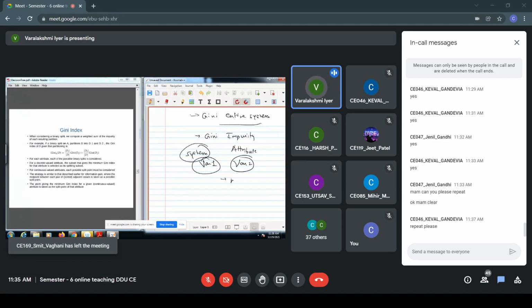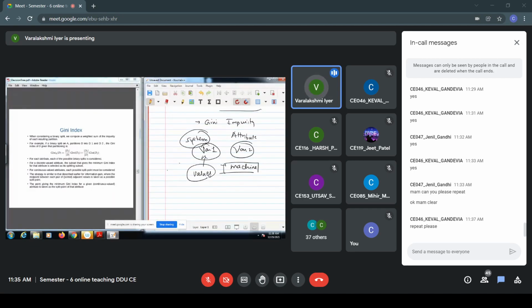Now, what will the machine learning algorithm do? Suppose this attribute has a set of values, three or four different values. Then it will choose a subset of those values to split the data. Here also, if variable 2 has a continuous set of values, then it will choose different thresholds to split your data.